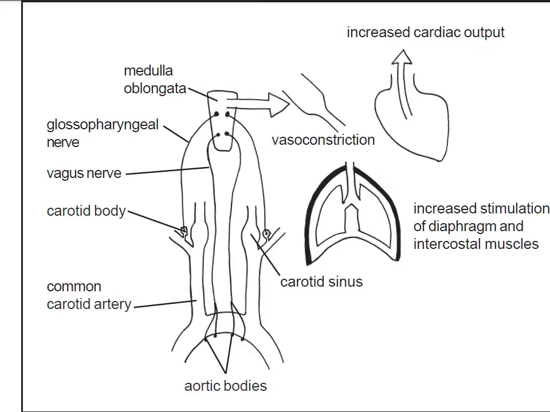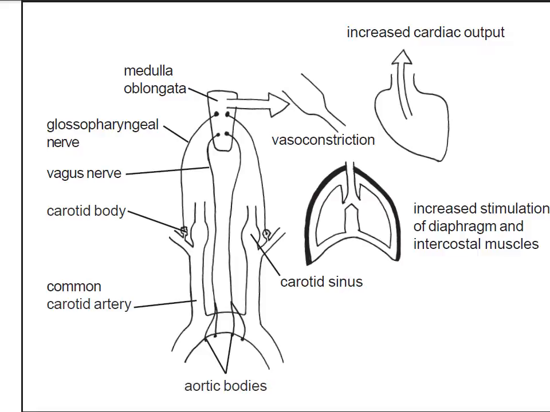The chemoreceptors are tissues which are sensitive to the levels of oxygen in the blood. And there are chemoreceptors scattered along the underside of the arch of the aorta, and these are called the aortic bodies. So the aortic bodies are chemoreceptors located in the arch of the aorta.